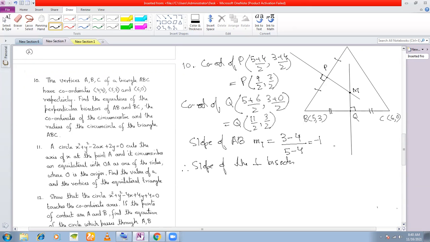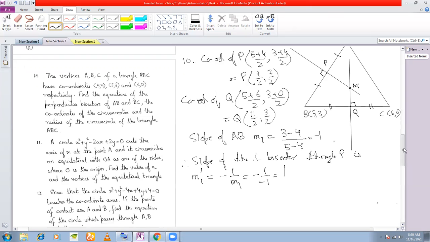Negative reciprocal. Let's say M1 dashed is equal to minus 1 by M1, which is minus 1 by minus 1, which is simply 1, right? So therefore, what should be the equation of the perpendicular bisector through P?